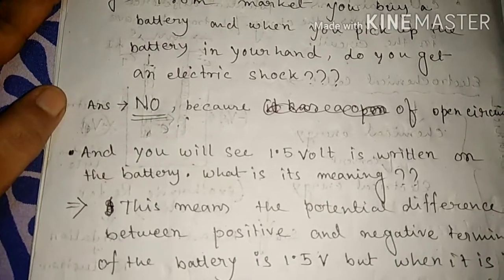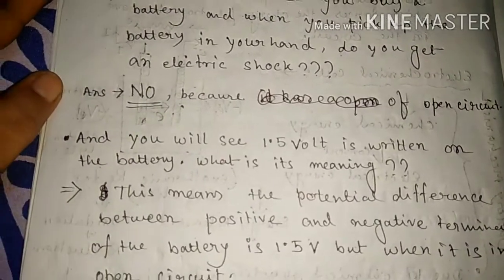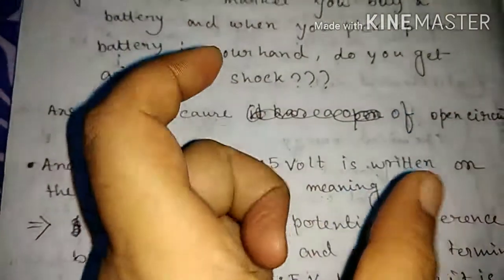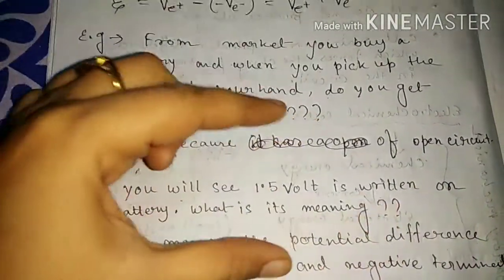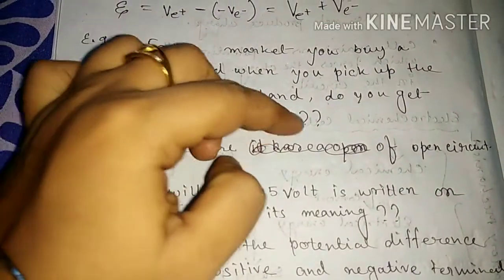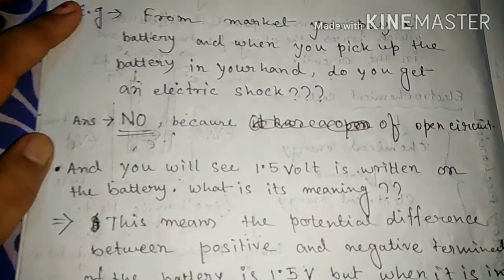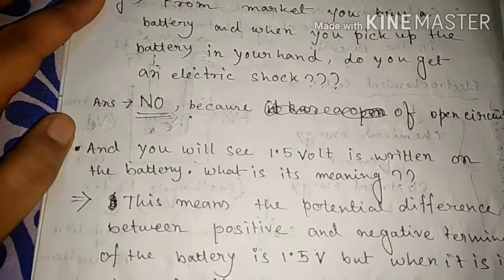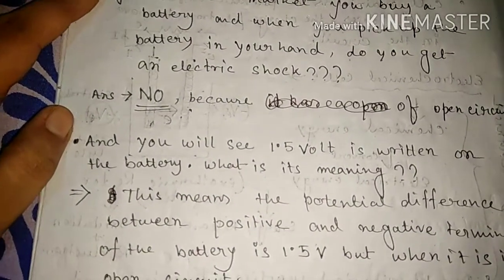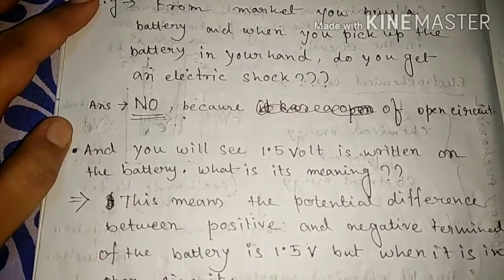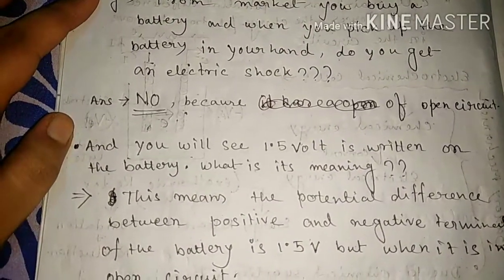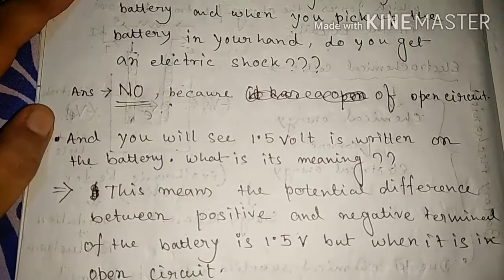That means the potential difference between the positive and negative terminal of the battery is 1.5 volt. In the case of a 9 volt battery, that is 9 volt.